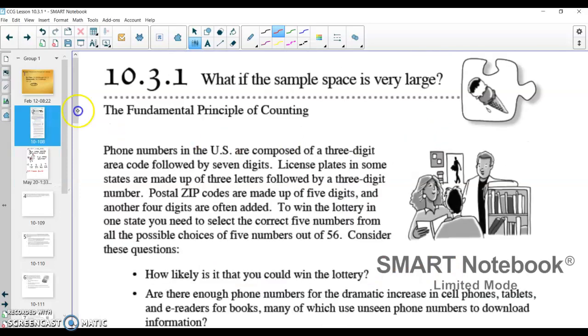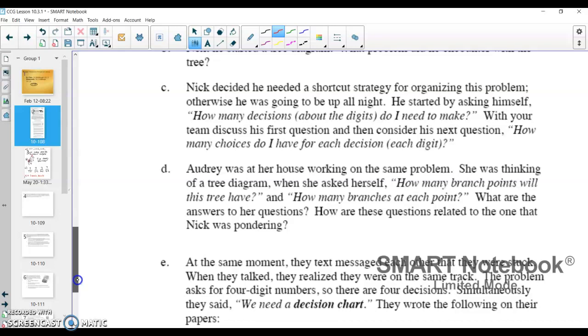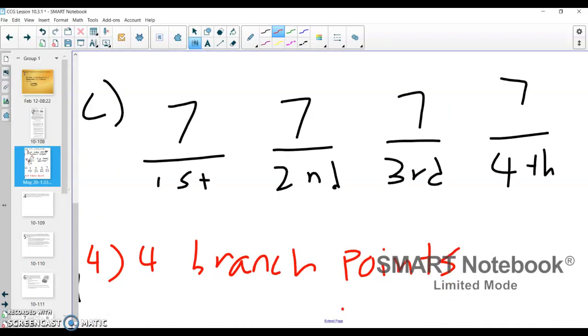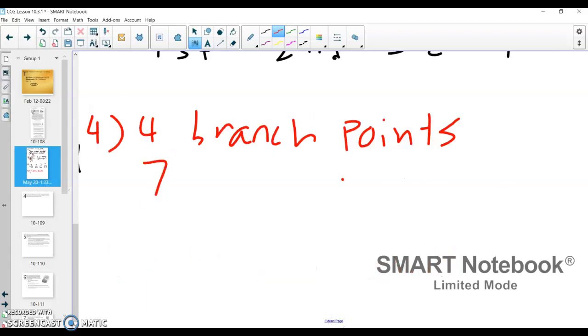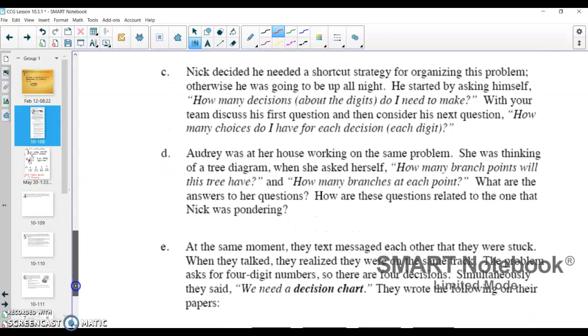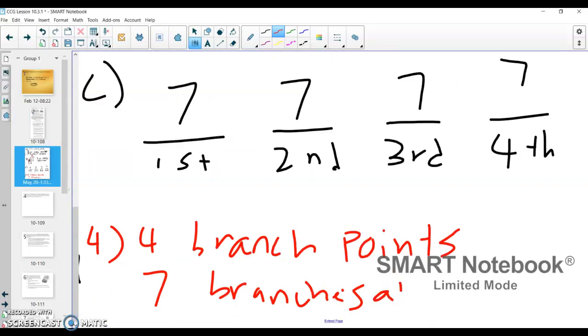And then how many branches at each point? 7, because there's always 7 choices. So 4 branch points, 7 branches at each point.